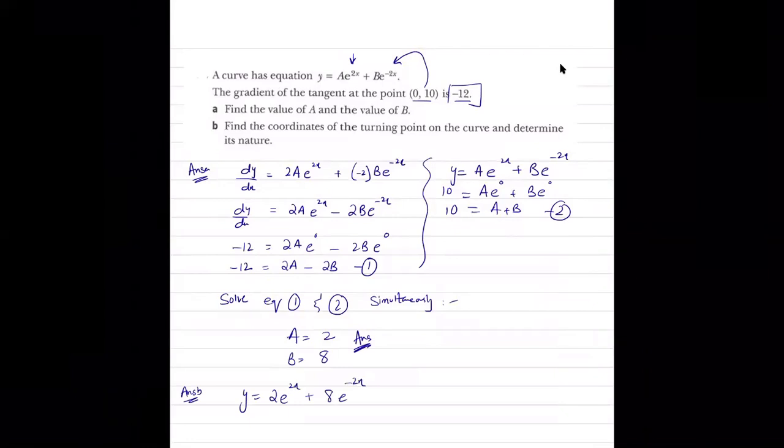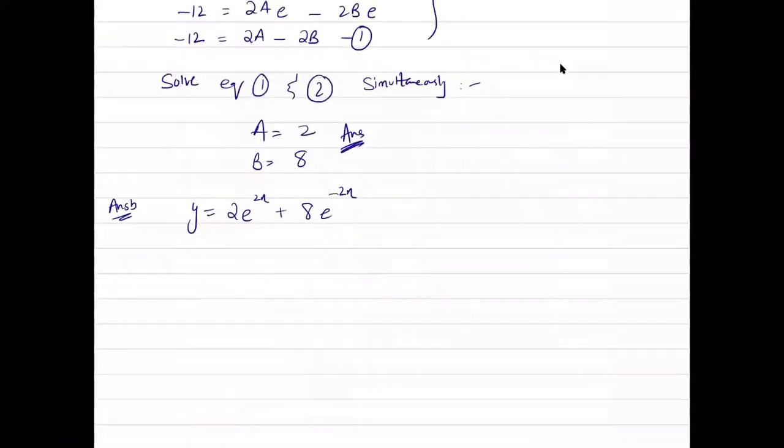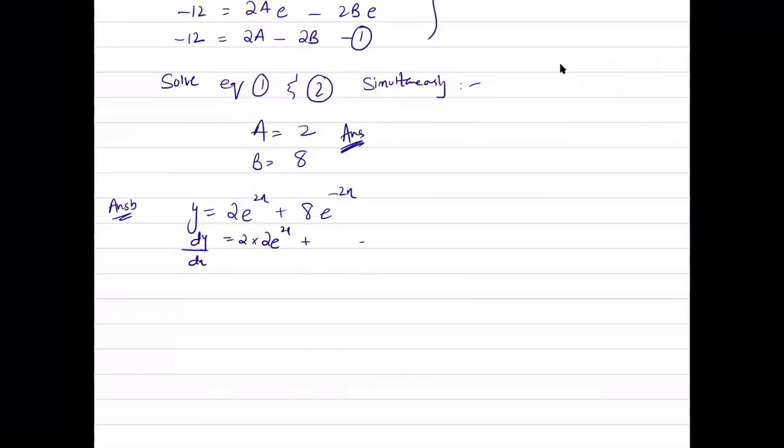Okay, so for the second part, you are being asked to find the coordinates of the turning point on the curve and determine its nature. To find the turning point, we differentiate, find the derivative and set it equal to 0. So this is going to be 2e to the power of 2x times 2 plus 8e to the power of negative 2x times negative 2.